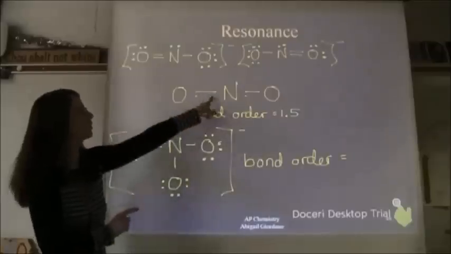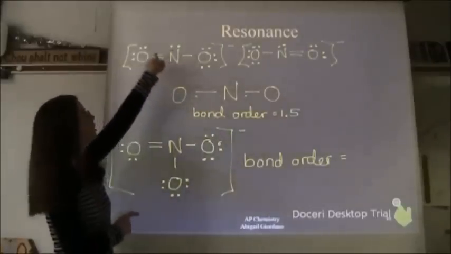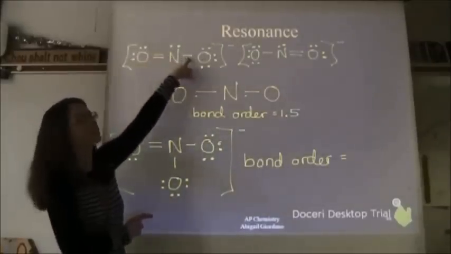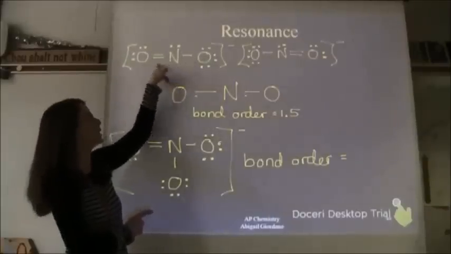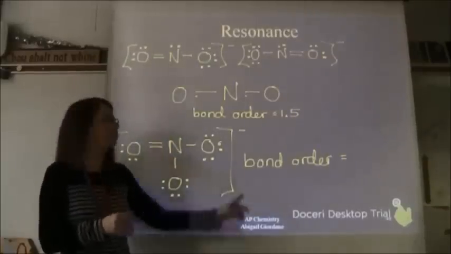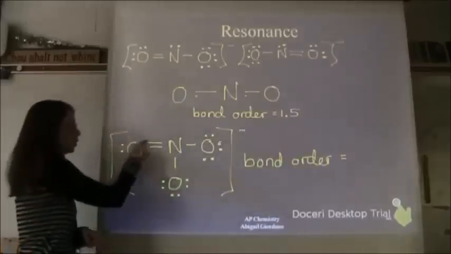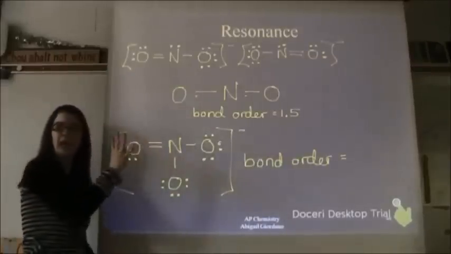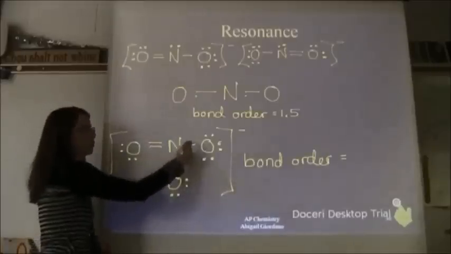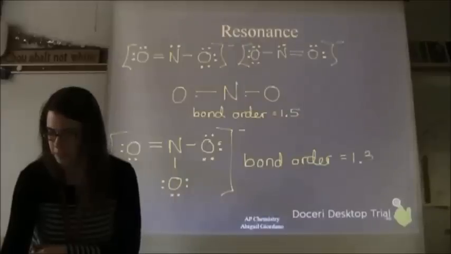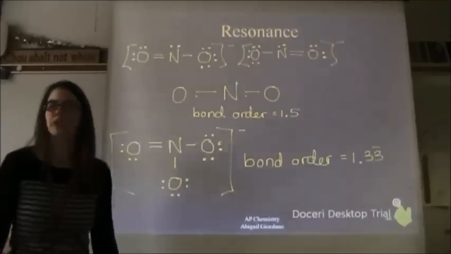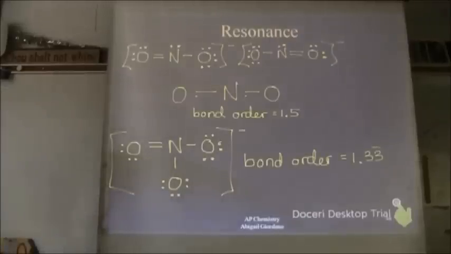Okay, because this is where this number came from. 1, 2, 3 bonds split between 2 locations. 3 divided by 2. 1, 2, 3, 4 bonds split between 3 locations. 4 divided by 3 is 1.3 repeating, 1 1/3. Okay.